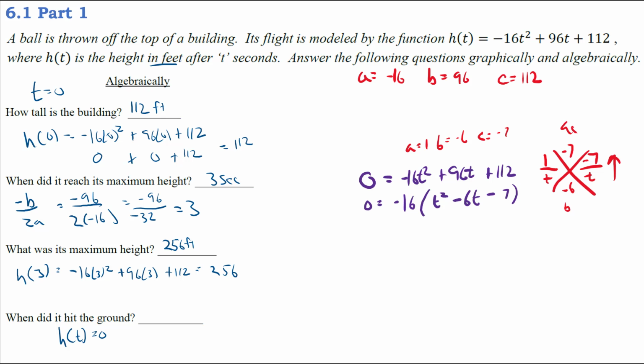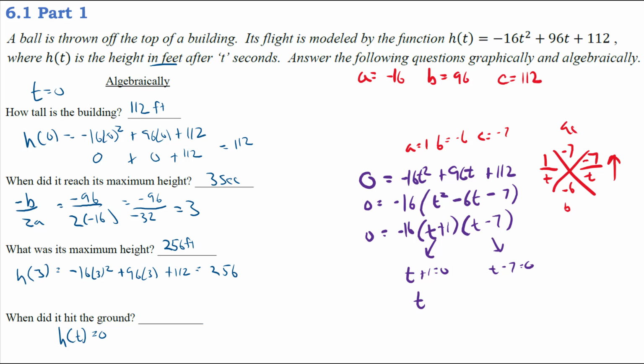So now, since we have those values, we can say 0 is equal to negative 16 times t plus 1 times t minus 7. Now we can set these equal to 0. We take t plus 1 equals 0 and t minus 7 equals 0.